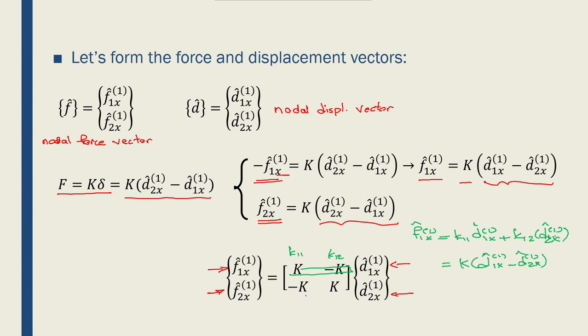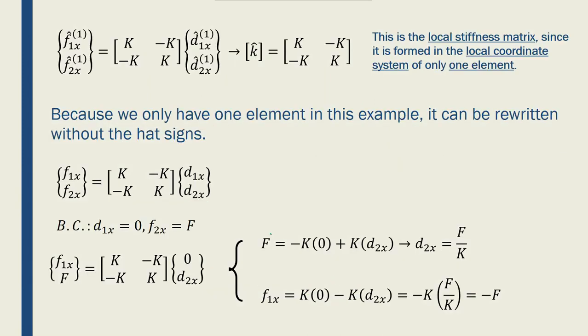And then similarly for f2x1, I can say f2x1 is equal to k21 times d1x plus k22 times d2x, and then look at the signs in this equation and find that k times d2x1 and minus k times d1x1 make up this stiffness matrix. So we found the matrix notation for the forces and displacements of a spring is like this.